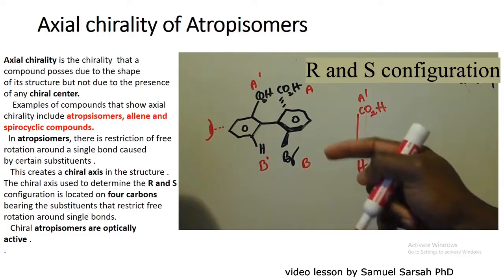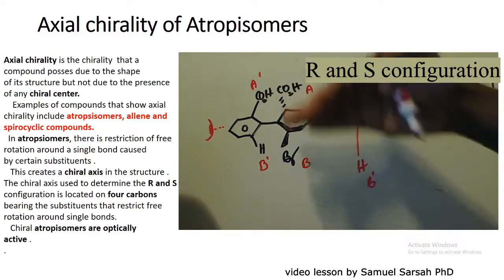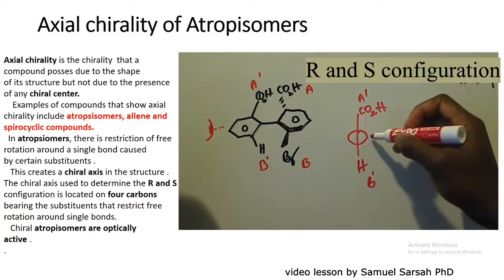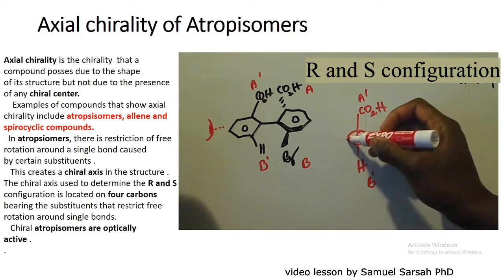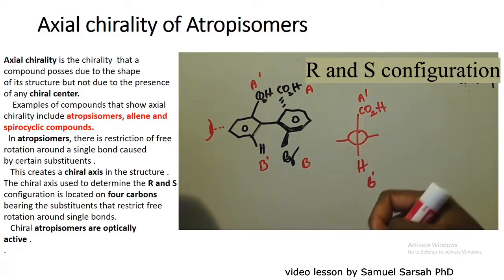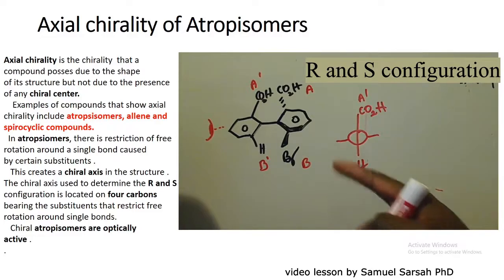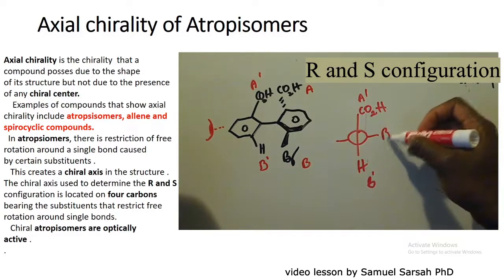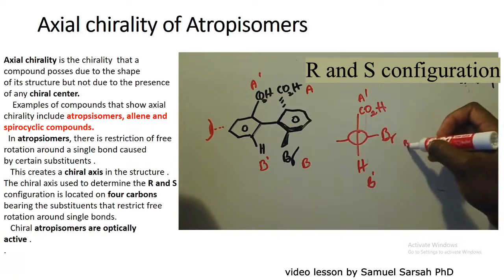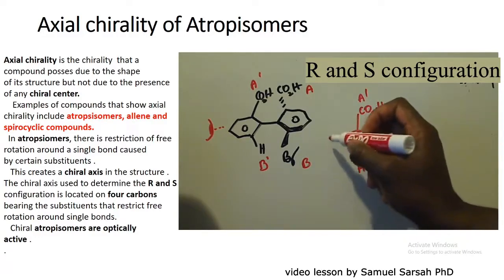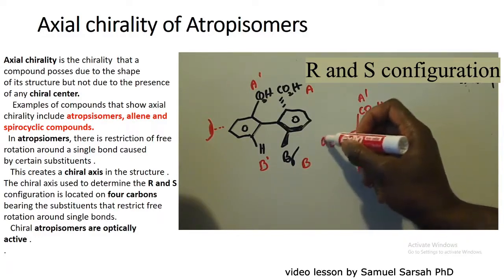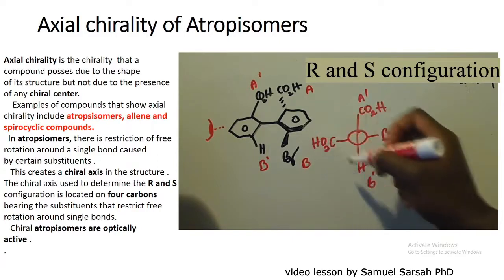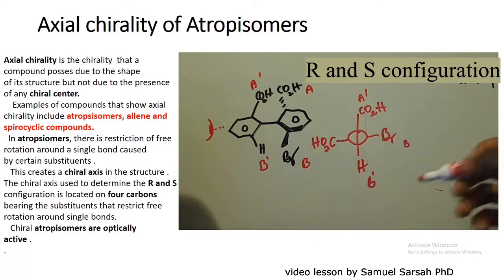Then I will see the horizontal groups behind it. Bromine will be pointing to my right, then carboxylic acid pointing to my left. Okay.